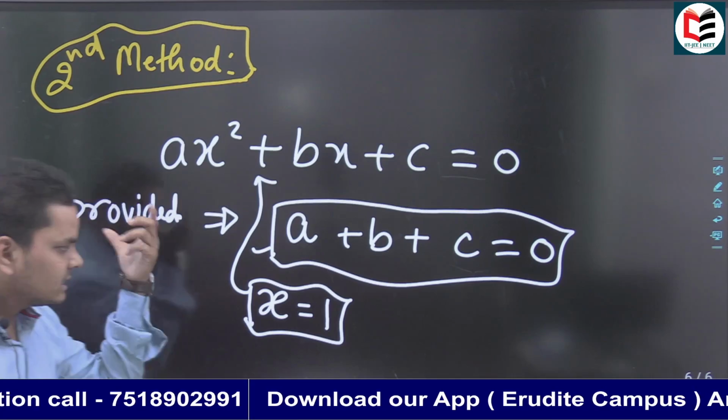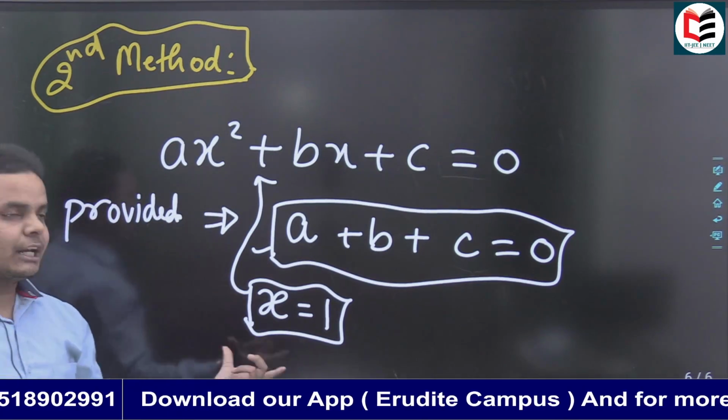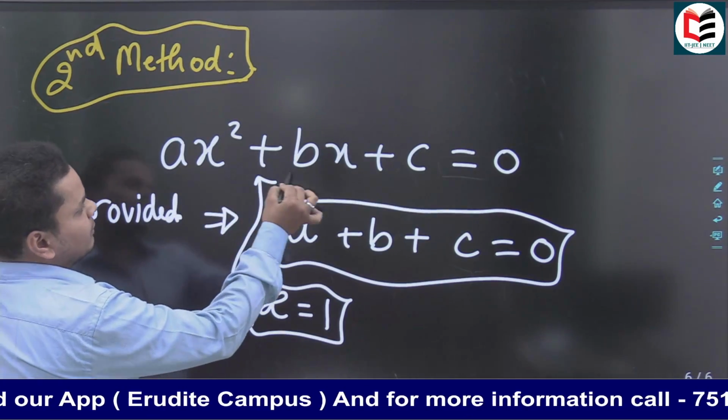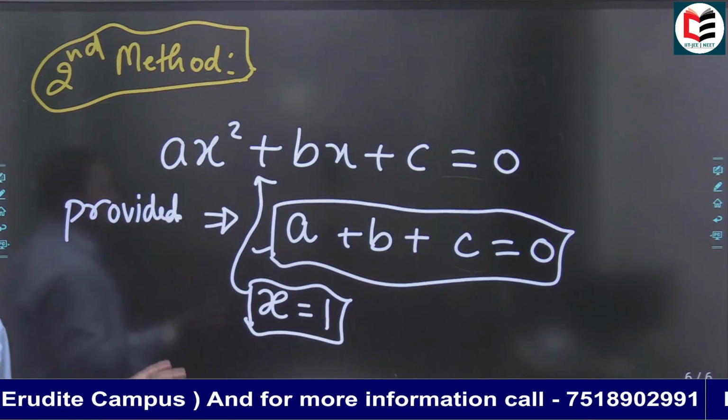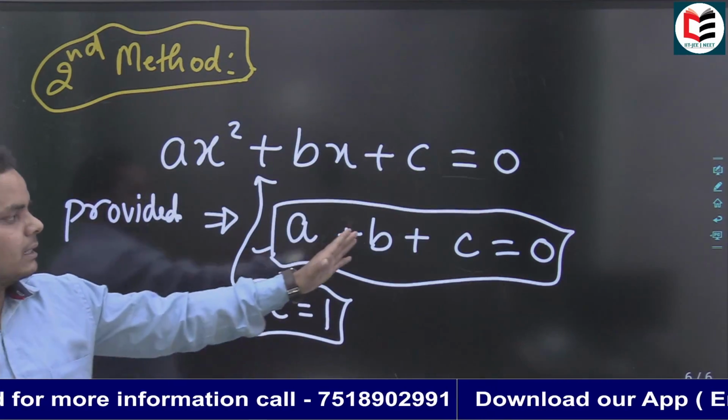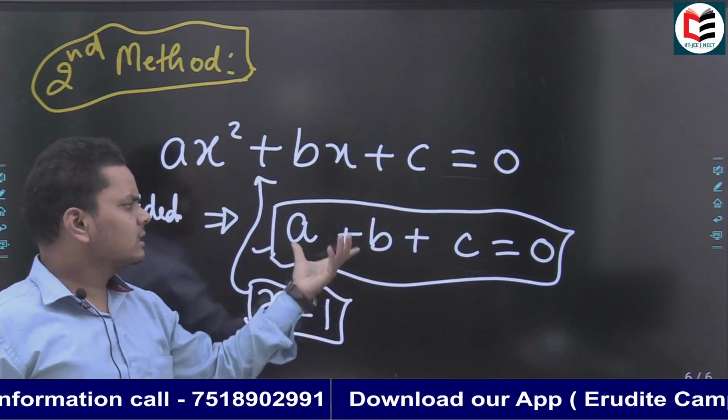This is the defined solution of the quadratic equation ax² + bx + c = 0 if the coefficients sum up to 0.